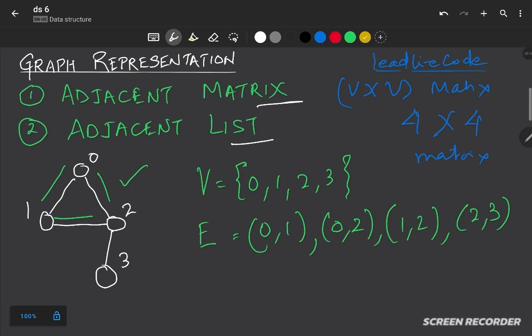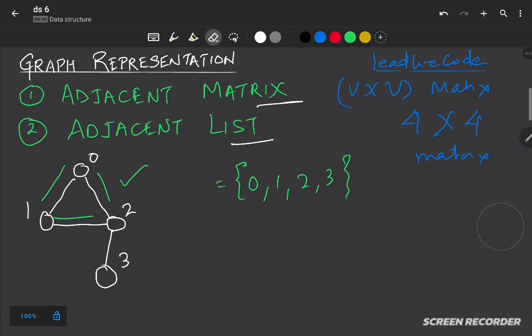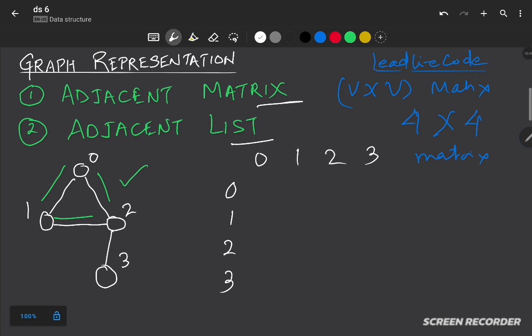Now let us get into the details. I'll delete these numbers because we have the diagram to see, and here I will represent it. So 4 cross 4, with rows 0 1 2 3, and columns 0 1 2 3.